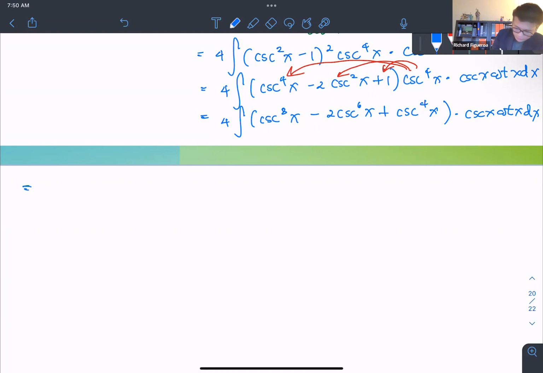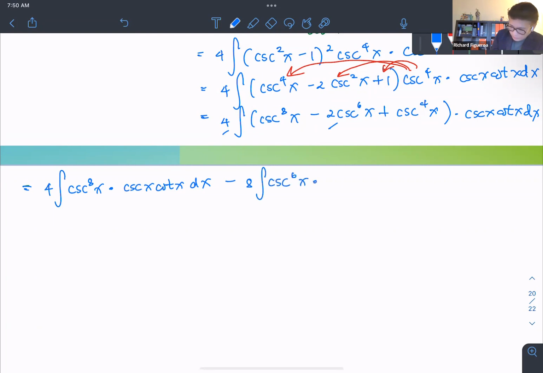So distribute natin. So 4 integral of cosecant to the 8x multiplied with cosecant x cotangent x dx. And pangalawa, 2 times negative 2, so negative 8, integral of cosecant to the 6x multiplied with cosecant x cotangent x dx. And lastly, 4 times the cosecant, so plus 4, integral of cosecant to the 4th x times cosecant x cotangent x dx.